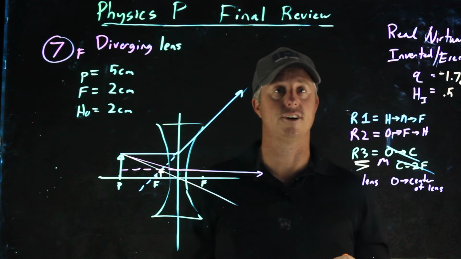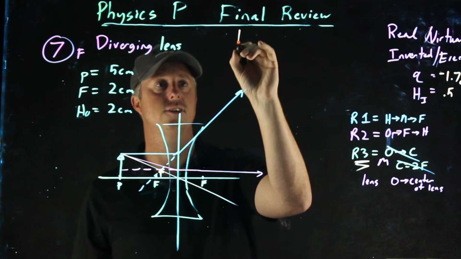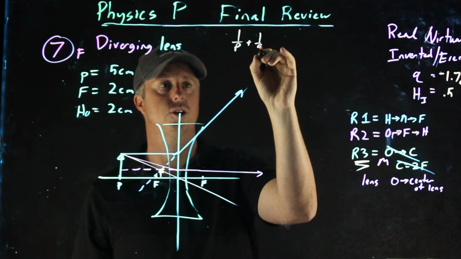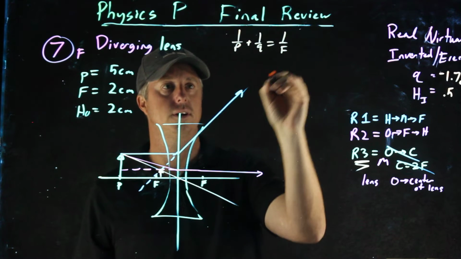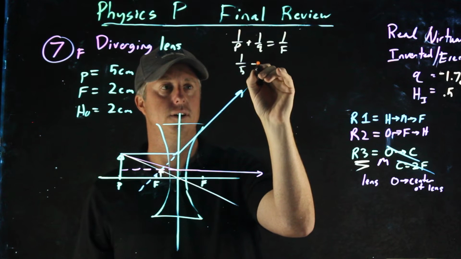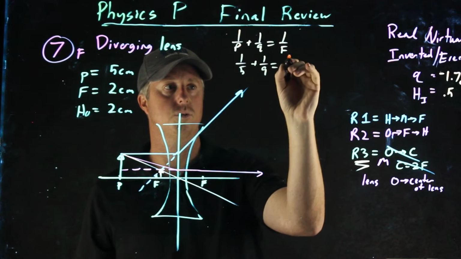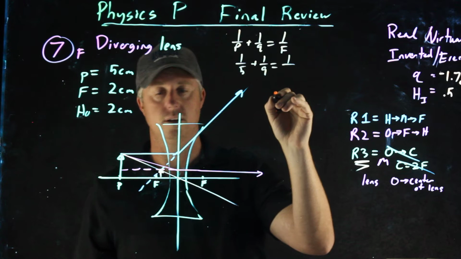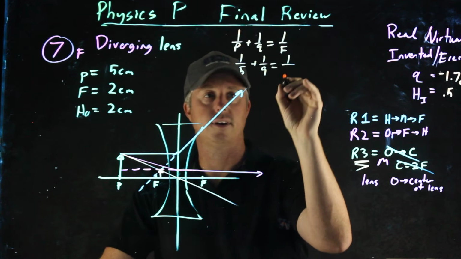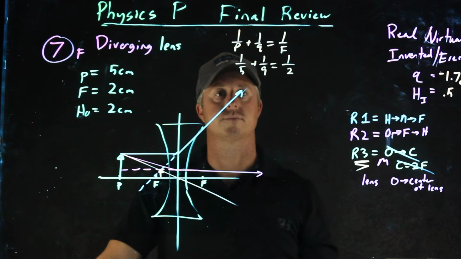But I want to verify that, so let's do the verification. 1 over P plus 1 over Q equals 1 over F. P was 5 plus 1 over Q equals 1 over, and what is F? F is 2.